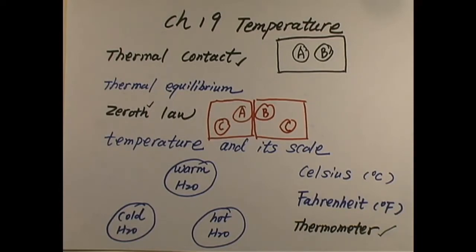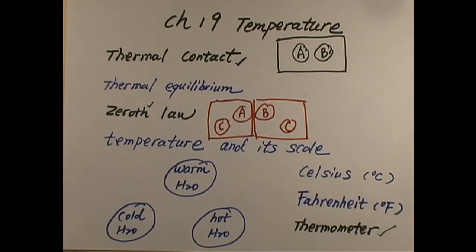And as we submerge this thermometer into an environment, for example, hot water, the mercury or alcohol will expand into a glass capillary tube. And by judging the height of this liquid mercury column or alcohol column, we can read from the thermometer its temperature.